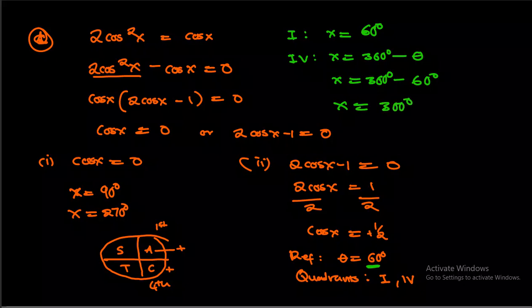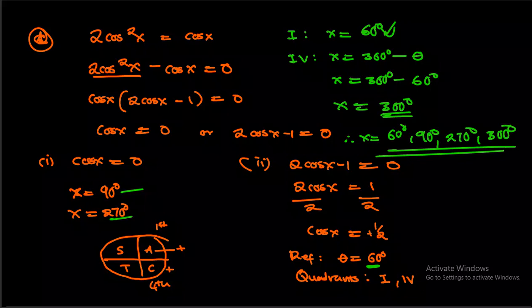So you can write, therefore x is equal to, starting with the smallest, 60 degrees, which we found first, then we have 90, you have 270, then you have 300. So even if you press on your calculator cos 60, cos 90, cos 270, and cos 300, it will give you the same answer.